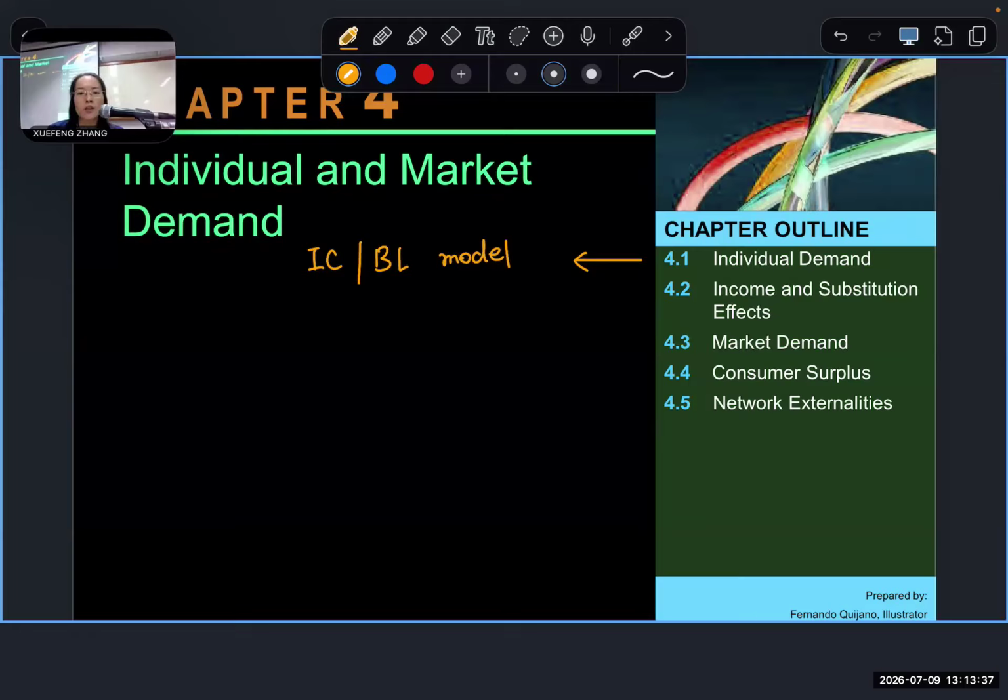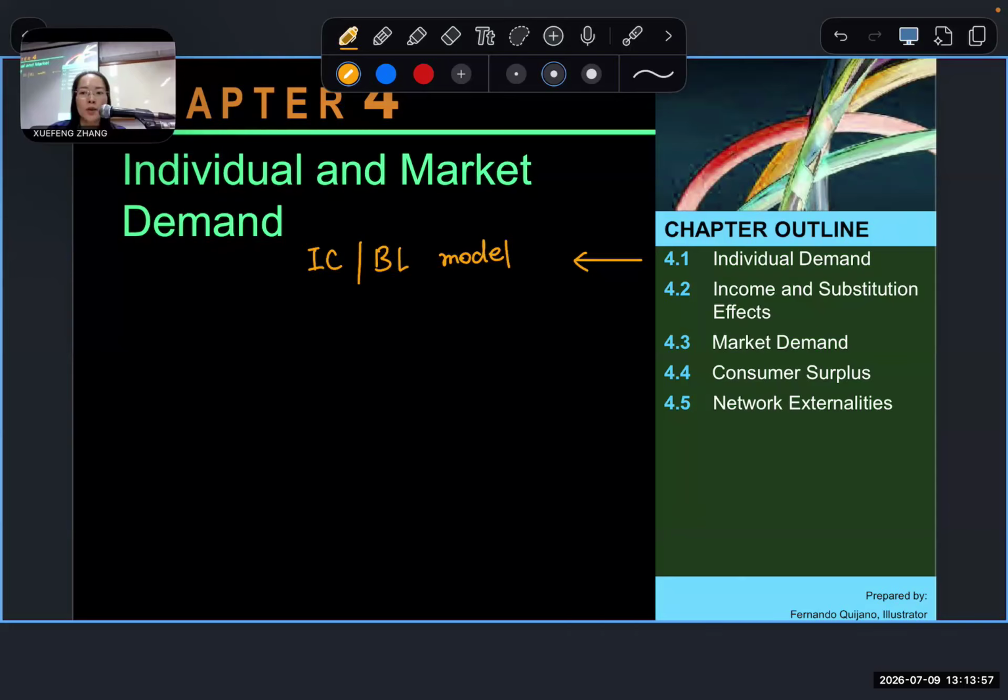Next one, 4.2, income and substitution effects, which means why does my choice change? Is it because I'm poor or because the good got relatively pricier? This is the question.